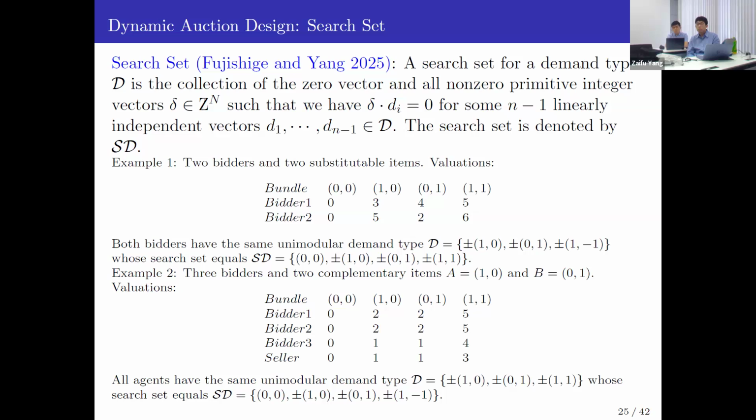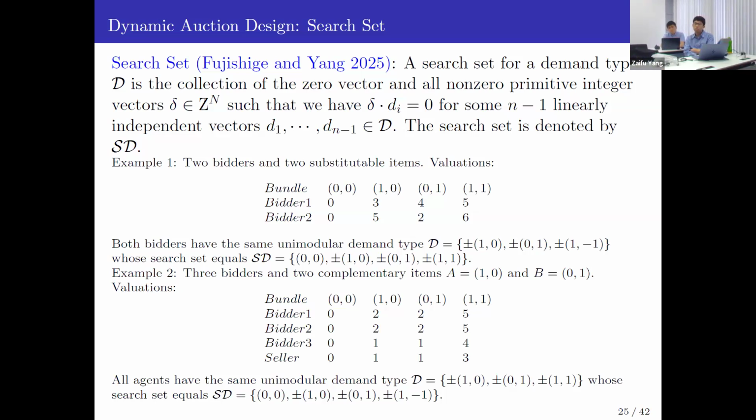Now look at the previous two examples. The two bids have the same unimodular demand type, this one, and then we can easily calculate its search set, which is this one. So you see, you increase the price of either atom, or you increase or decrease both atoms by the same amount.